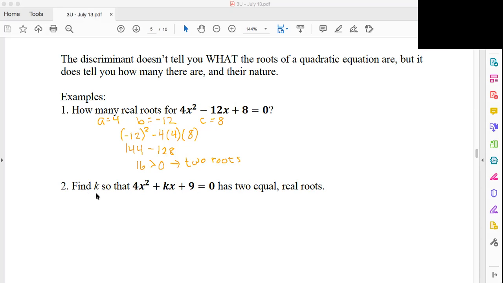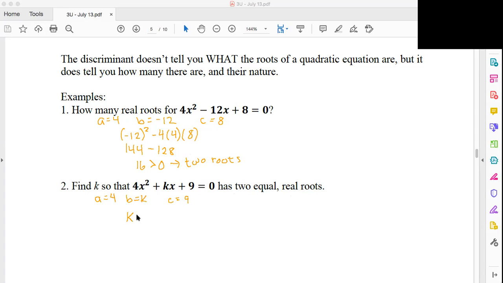For 2, find k so that the equation has 2 equal real roots. We just found a similar equation here. Our A value is 4, our B value is k, C is 9.